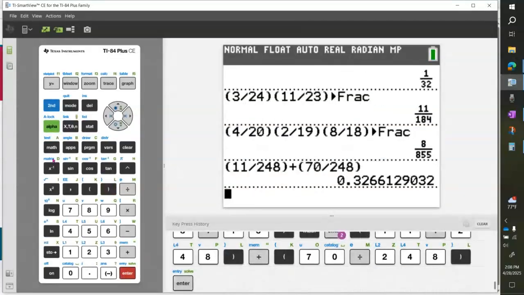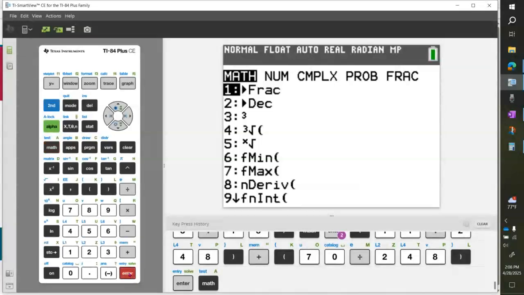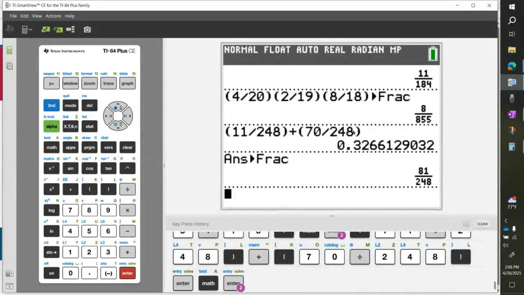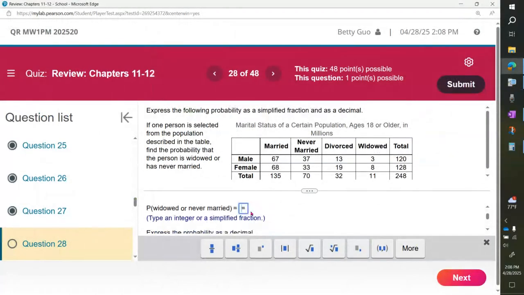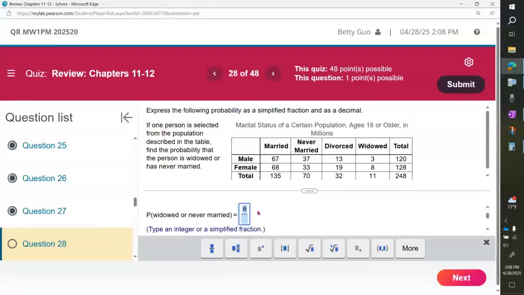We're gonna use the decimal later. And the math fraction is 81 over 248. Okay, and those are supposed to be in the scratch paper. 81 over 248.